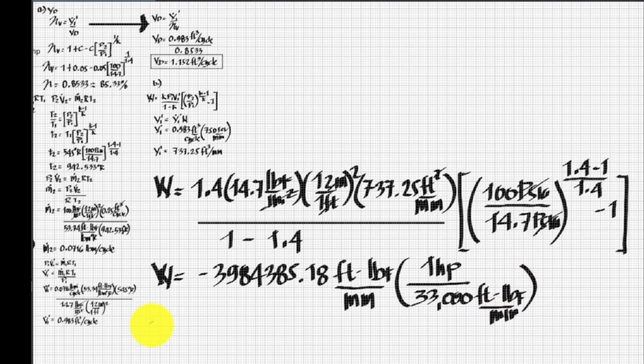Dividing to convert into horsepower, we have your work in terms of horsepower, which is negative 120.739 horsepower, or let's say negative 121 horsepower if we round up the value.